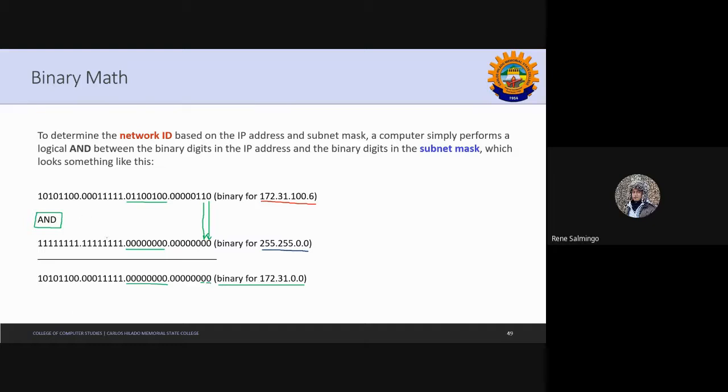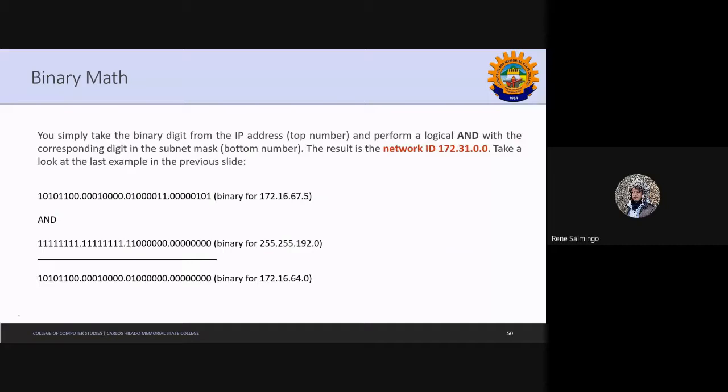And for this, we also perform logic AND on the same values. This one is 1 and this one 0, so we have the result of your network ID. That's how we determine the network ID in your given example.